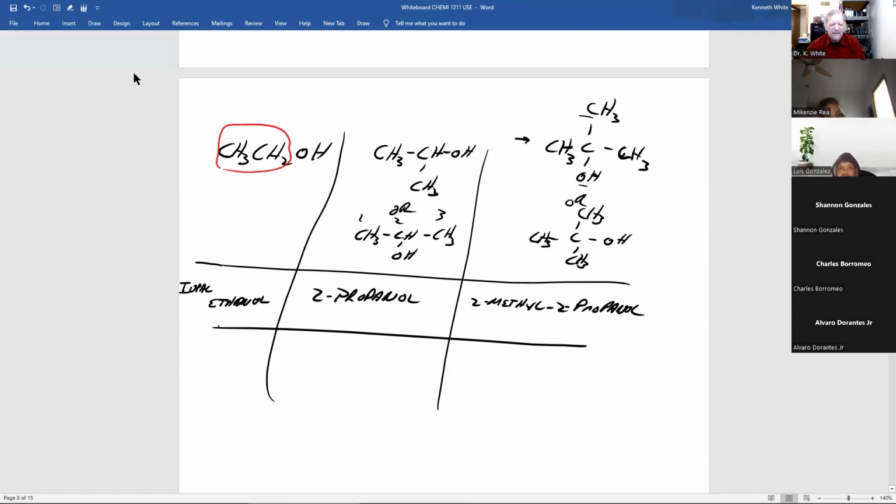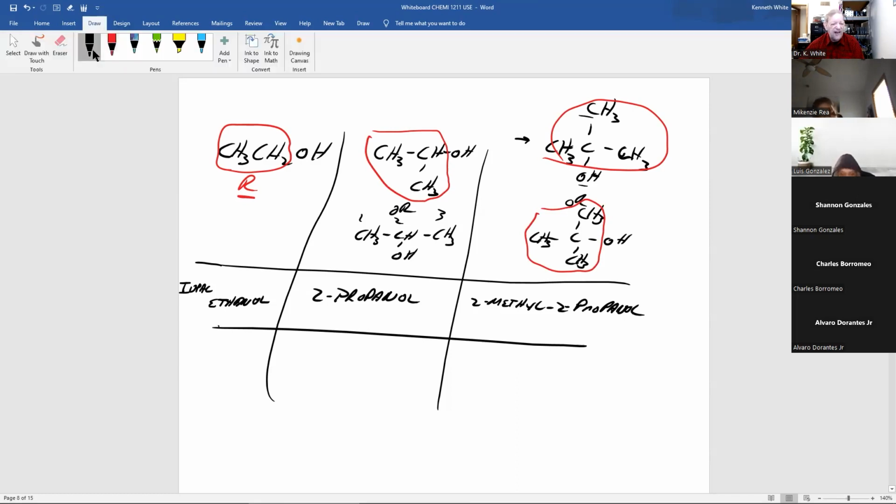Now, if I look here, what's that R group? On the first one, the R group is an ethyl.